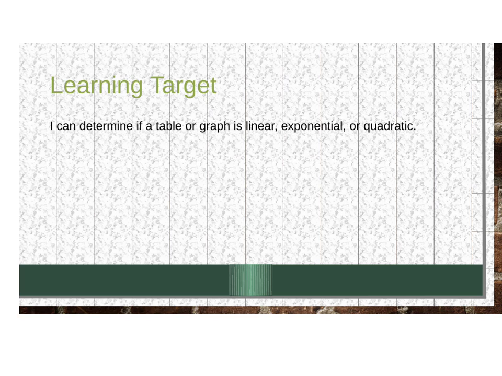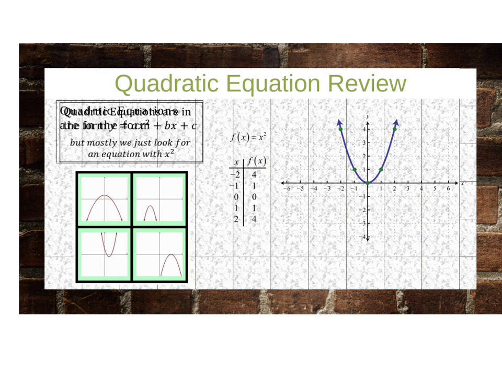Our learning target today is: I can determine if a table or graph is linear, exponential, or quadratic. What we have here is a little bit of review about quadratics. In the lower left-hand corner, we have 4 examples of parabolas, or the U-shaped graph that is characteristic of a quadratic equation.